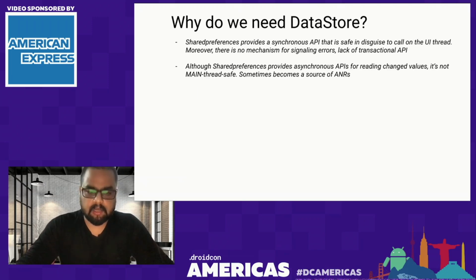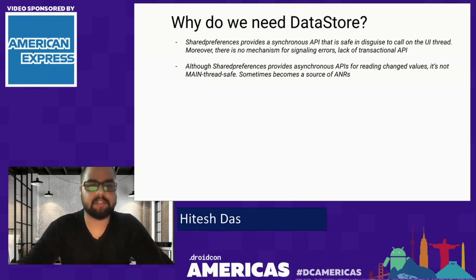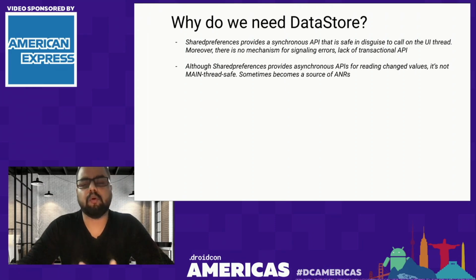Now the question is, why do we need DataStore? SharedPreferences has been a very stable thing, and it is something the developer fraternity knows about: if something has to be stored, store it in SharedPreferences. But there are some major drawbacks of SharedPreferences, which the DataStore API tries to overcome.